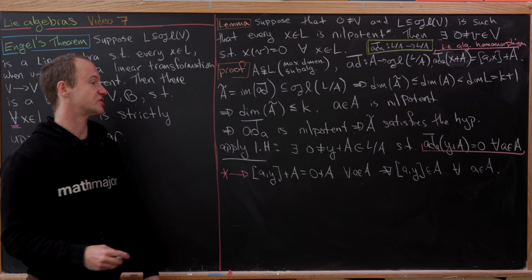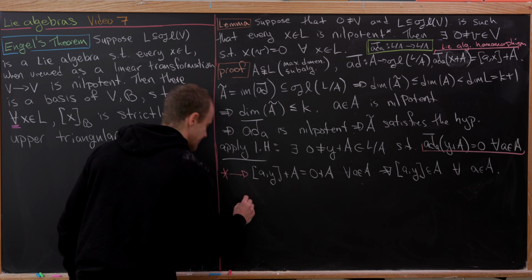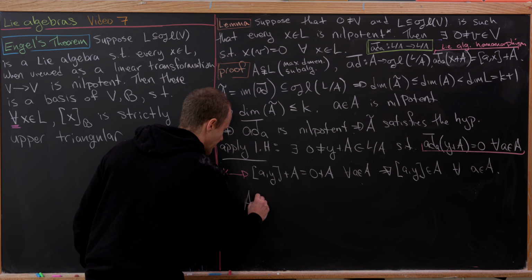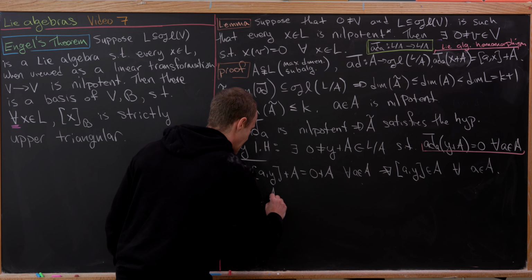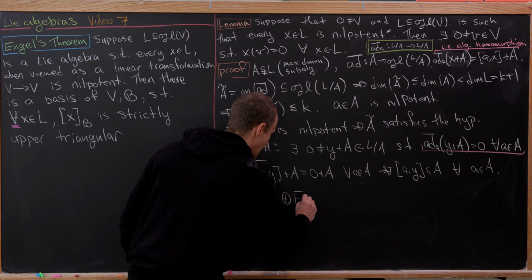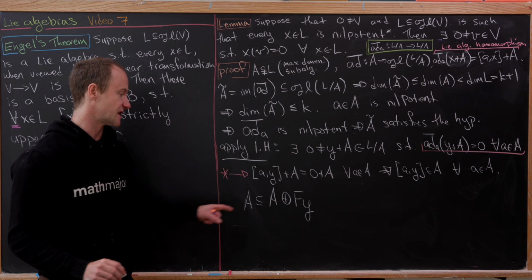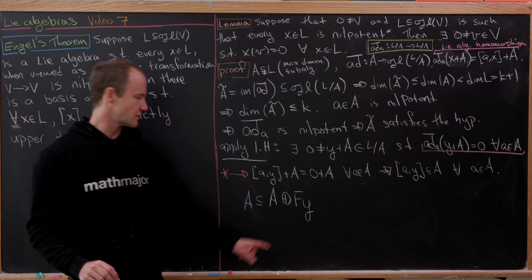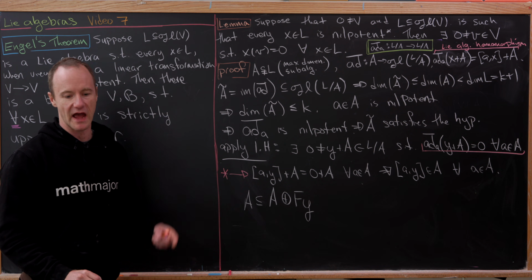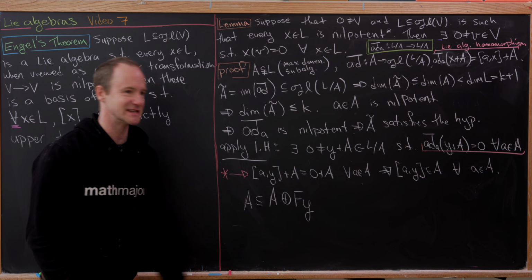Now we've got this string of inclusions, which is nice. It starts on the left with A, which is inside of the direct sum of A with the one-dimensional subspace spanned by y. I'll write that as Fy, where F is the ground field. We could also write that as span y.